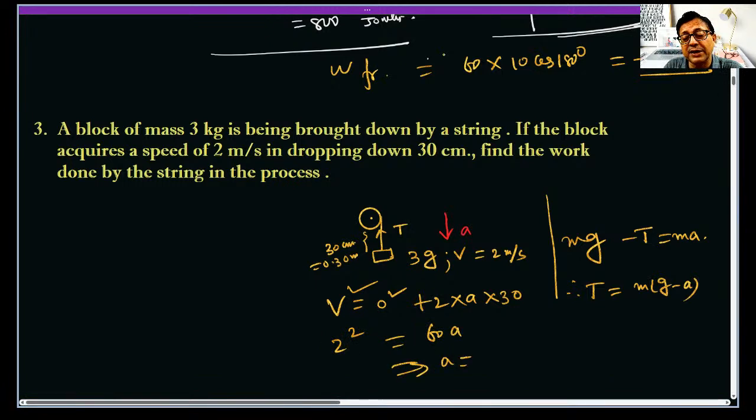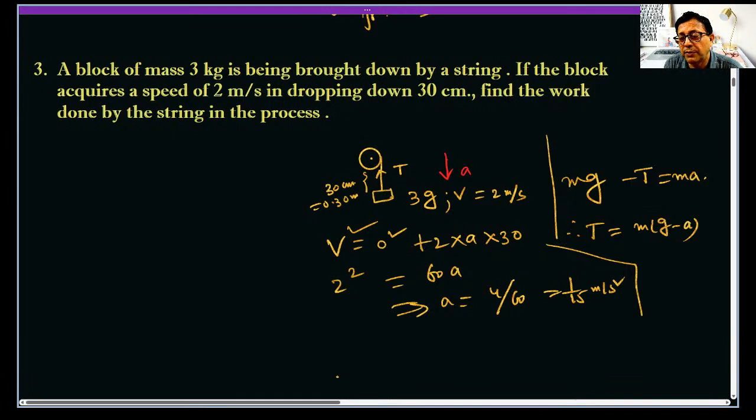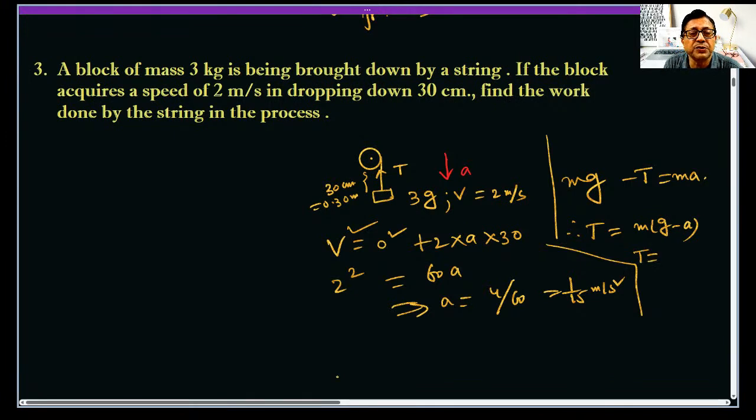This implies a equals 4 by 60, that is 1 by 15 meter per second square. So from there you can find T, T is equal to mg minus ma. Therefore T is going to be equal to m, where m is 3, g is 10, and a is 1 by 15.